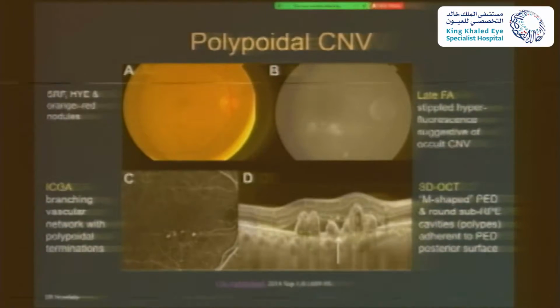Sometimes it has an M-shaped or a QRS-shaped elevation, going up and down like this, and you have all these polyps here, these round or oval structures at the undersurface of the RPE. Very, very characteristic. And the retina is intact, except that it has subretinal fluid.